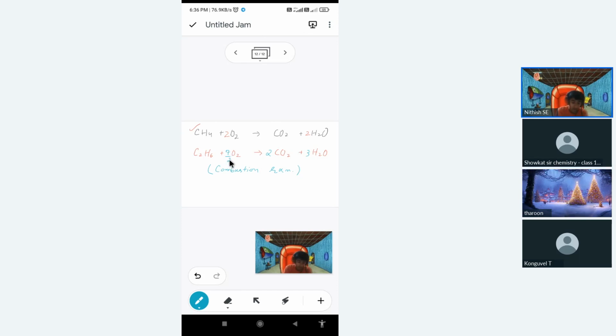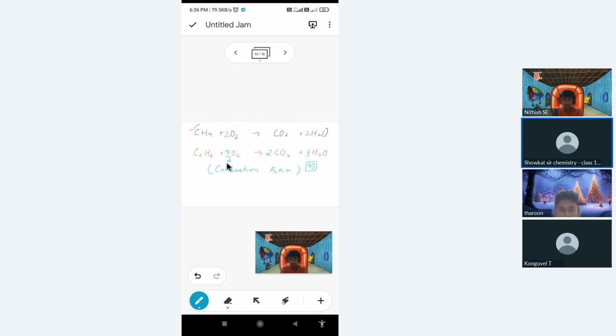Whatever number is on the product side, you have to divide it by 2. 7 twos are 14, 14 upon 2 is 7. So it is now balanced.